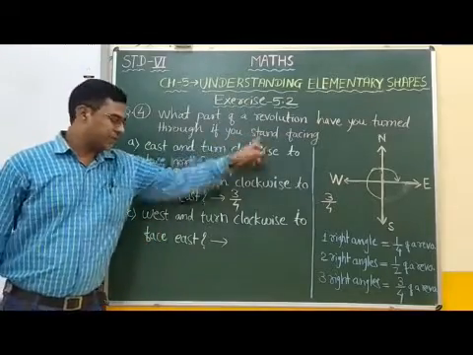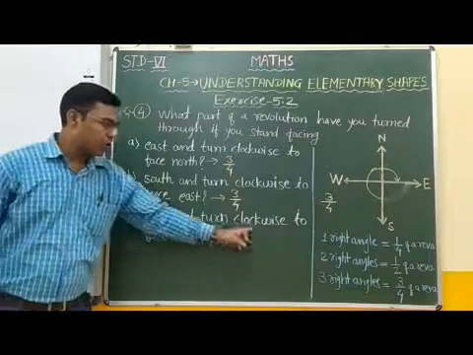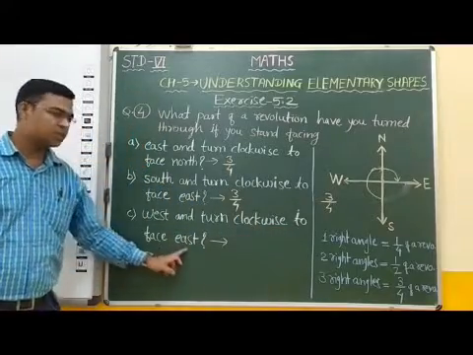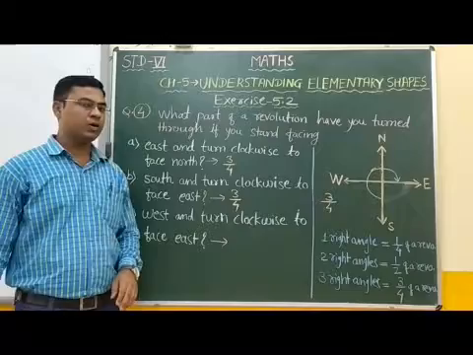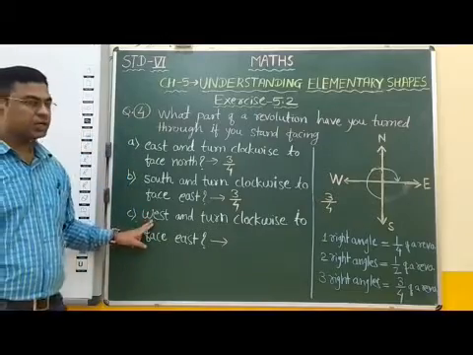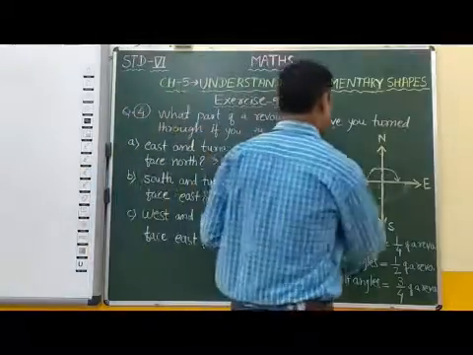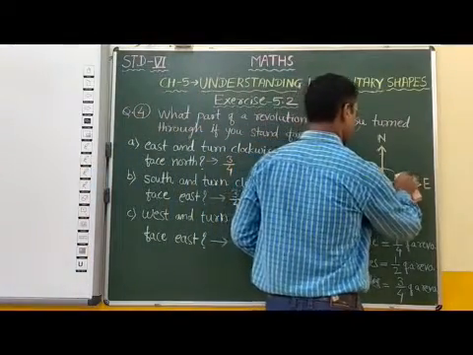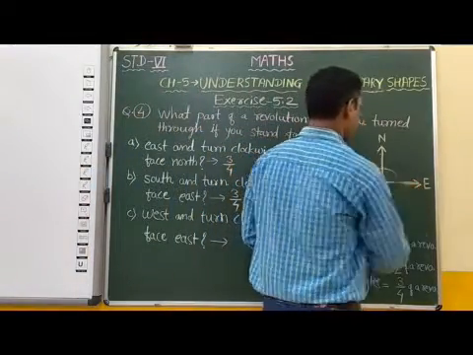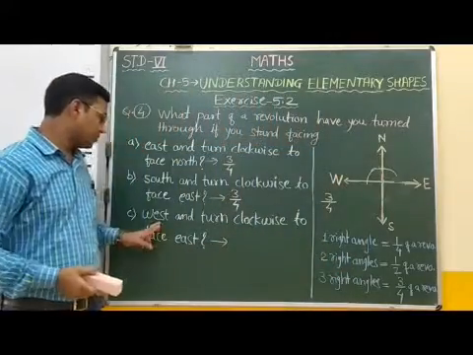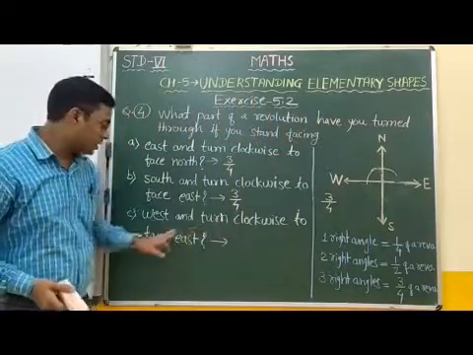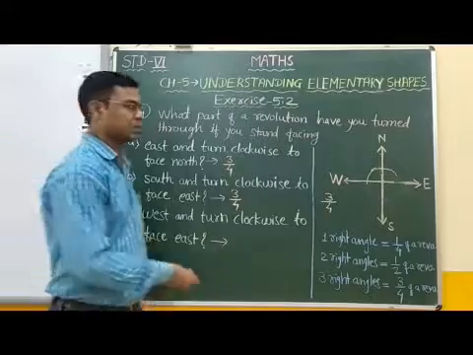Now question C: if you stand facing west and turn clockwise to face east, now here the starting position is west. The starting position is west and turn clockwise to face east.